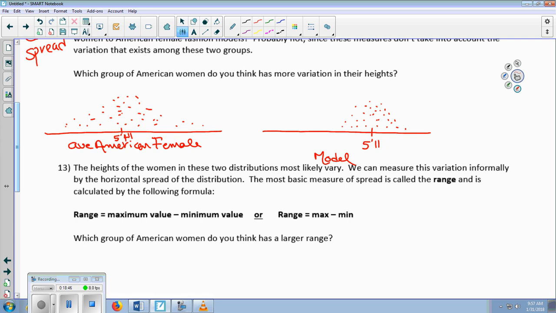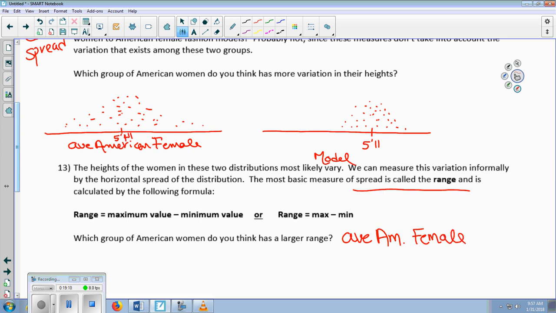This is called the range, but it's not the most useful. So it's often given, but again, you have to be very careful when interpreting. Which group of American women do you think have a larger range? Probably our average American females would have a larger range.